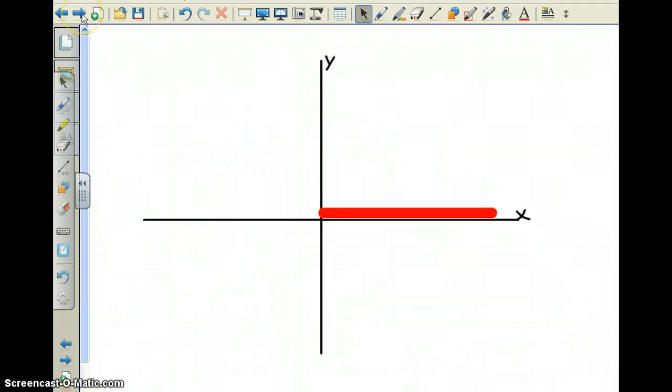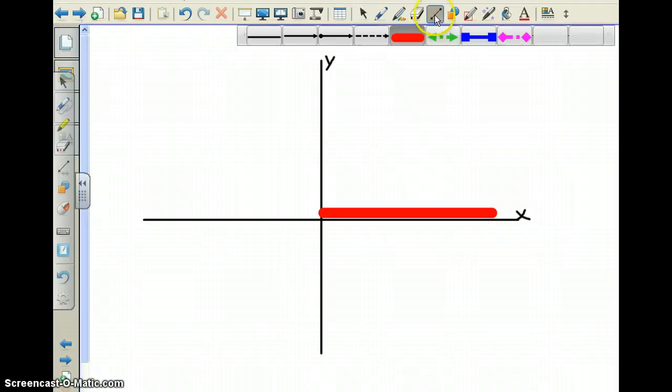Let's try another one. There's my initial side drawn. Here comes my terminal side. This time I'm going to rotate 330 degrees. So there's 90, 180, 270, and then 60 more will land me right about there.